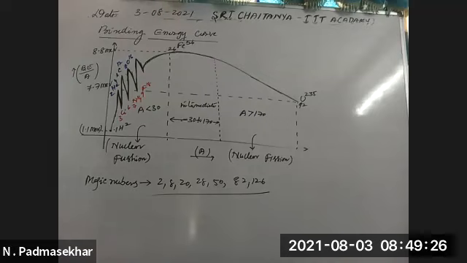Then, another point. The nuclei having mass number A greater than 170 are called heavy nuclei and are unstable.